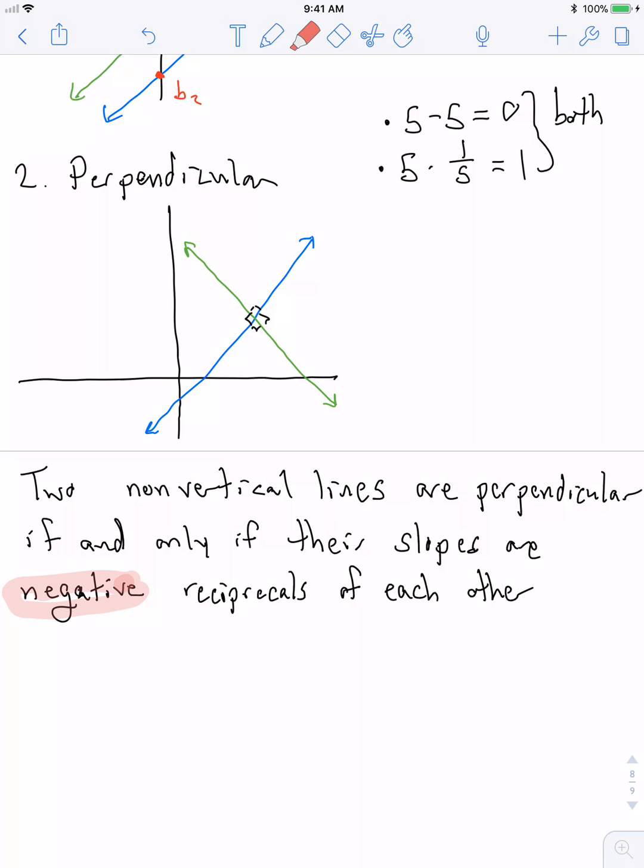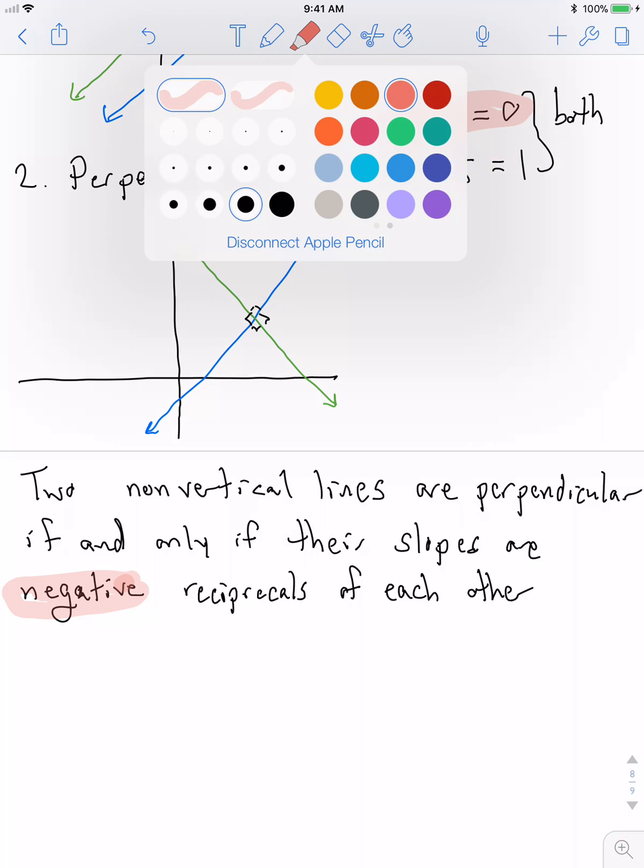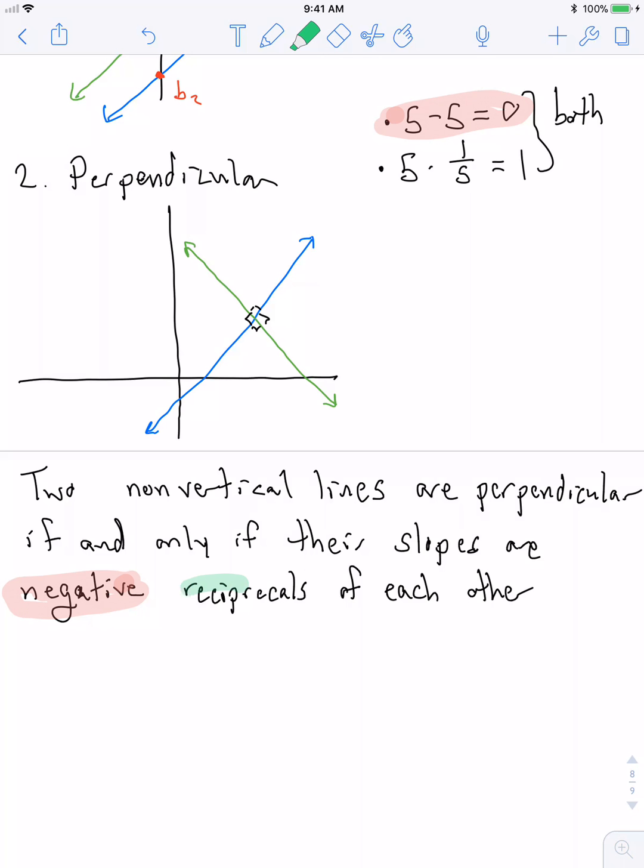So the negative means we want them to sort of cancel out in the first way, and reciprocals means we cancel out in the second way. So we sort of flip it over and turn it into the denominator.